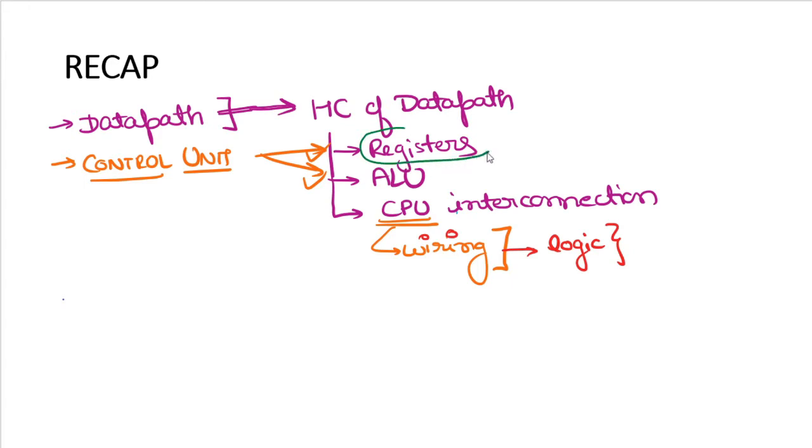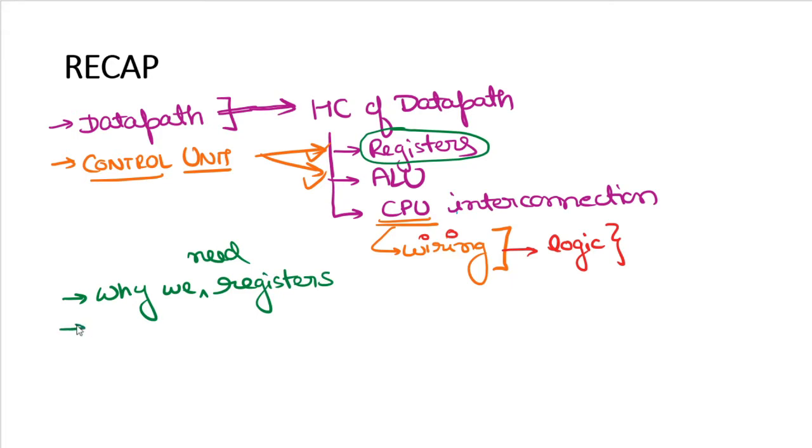Okay, so after this we started discussing about registers, right? We took registers and we started discussing about them. So we discussed why we need registers, right? Then we looked into the hardware aspect of registers, right?